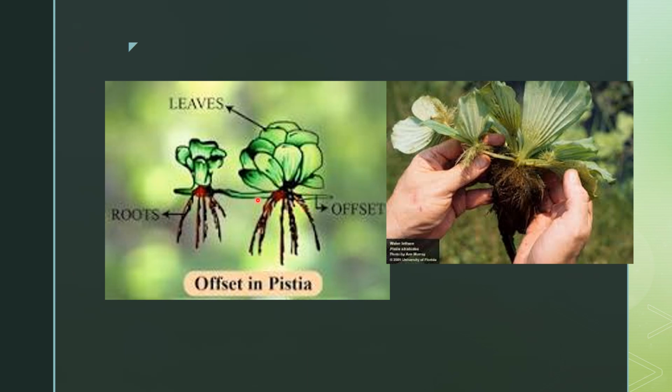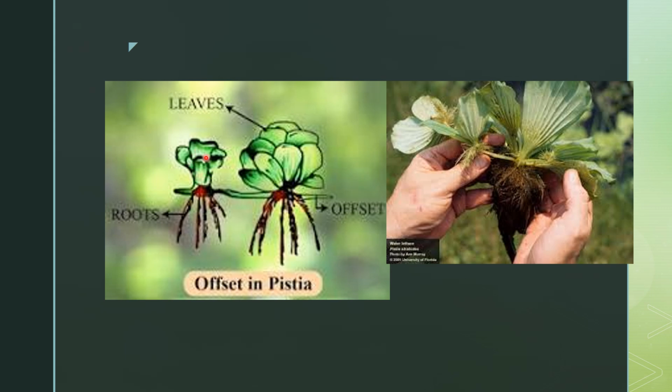Okay, so the offset modification stem arises as short, horizontal branches, and it develops from the leaf axil and then gives a rosette, which is leaves arranged like a flower, or in a circle shape, like the petals of a flower.